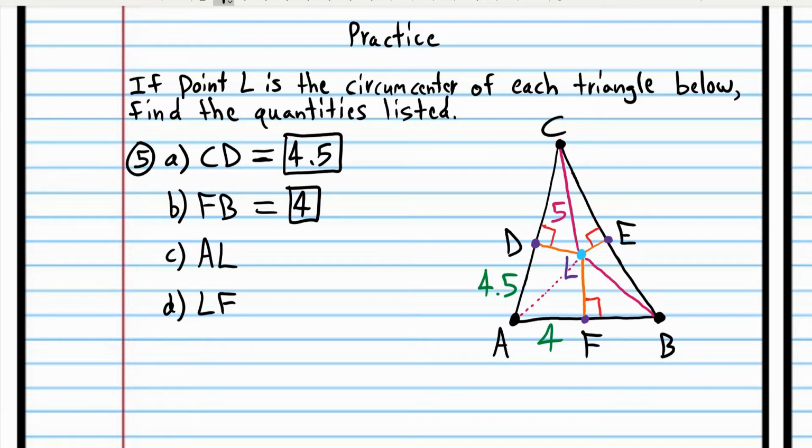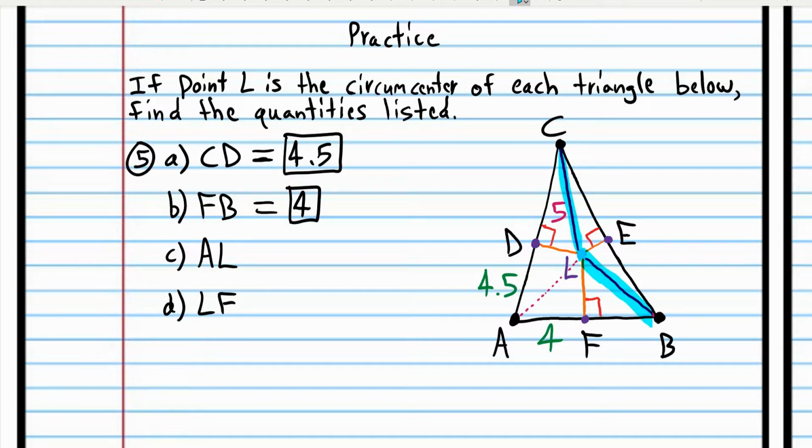AL is the distance from here to here. And this is where we need the Circumcenter Theorem. Now we know this is the circumcenter, and the Circumcenter Theorem, one of the things it tells us is that the distance from the circumcenter to the vertices is the same for all vertices.